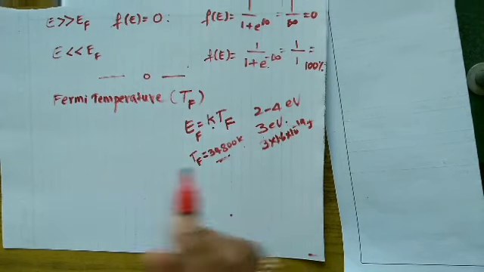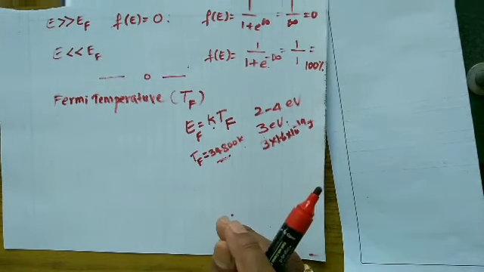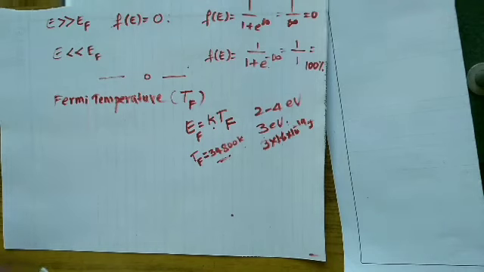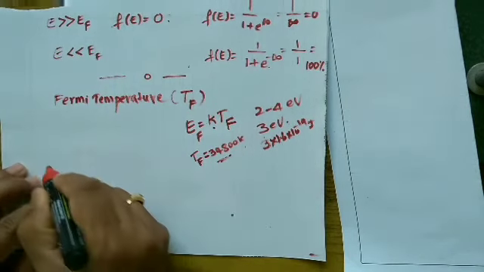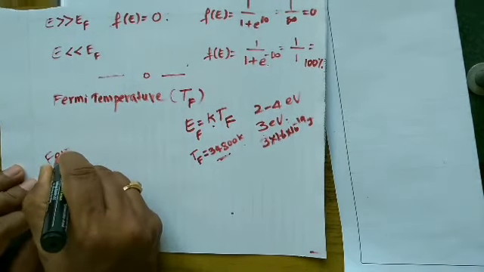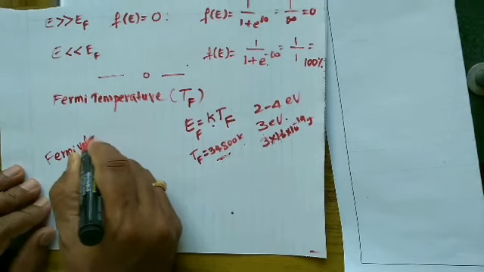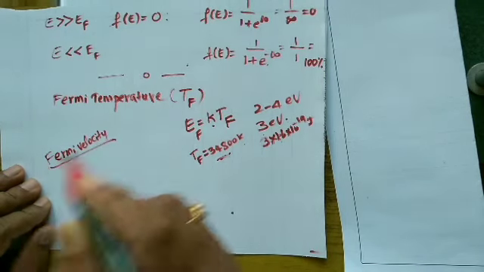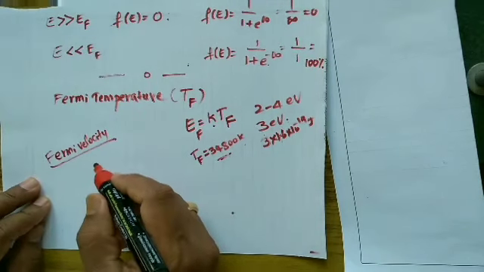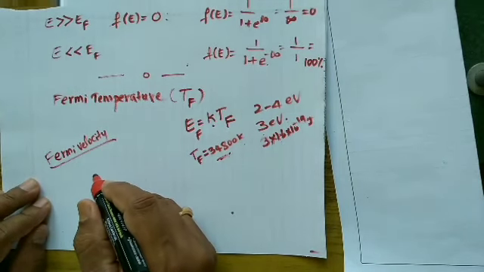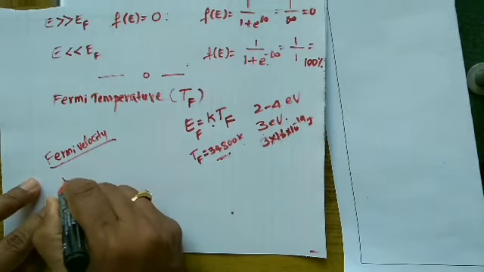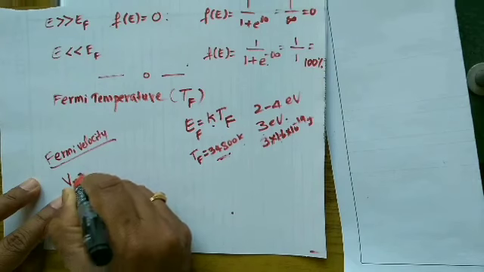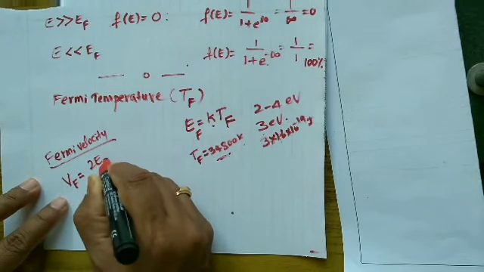And in the next part, I tell you the definition of Fermi velocity. Fermi velocity is the velocity of electrons which have occupied the Fermi level. It can be expressed in terms of this equation: Vf is equal to (2EF divided by m) power half.